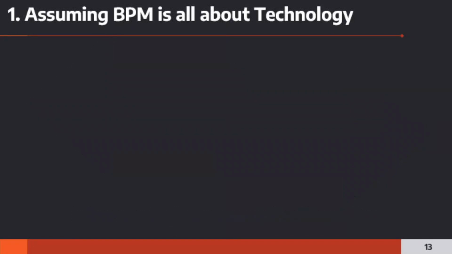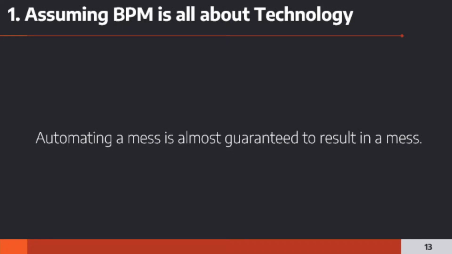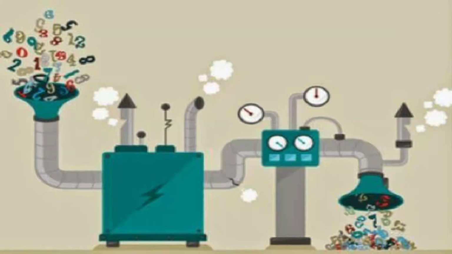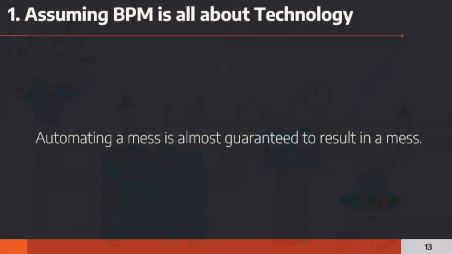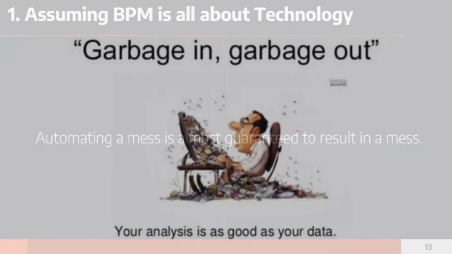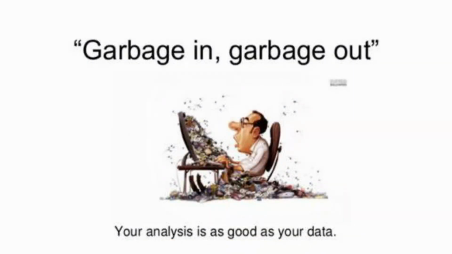Okay, understand that automating a mess is almost guaranteed to result in a mess. Okay, for us in technology, we always have the saying GIGO, garbage in, garbage out. Okay, no matter how intelligent the machines are, the computers are, if we humans feed it with garbage, we don't expect the machines to streamline it for us.